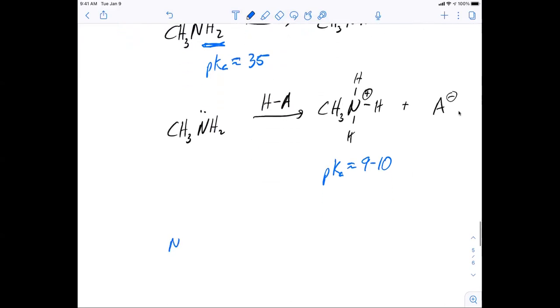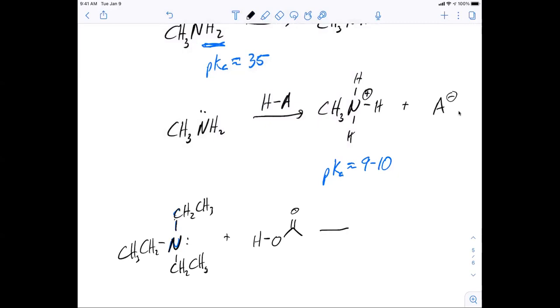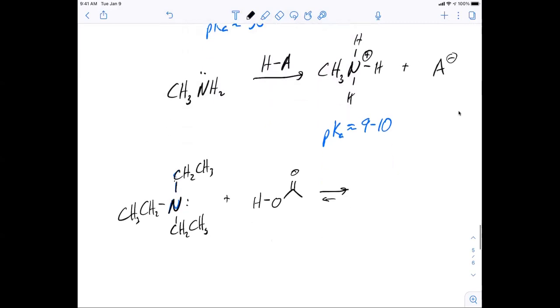So if we look at triethylamine with, let's say, acetic acid here, if you want to take shorthand, you can just put Et there instead of showing the whole thing.